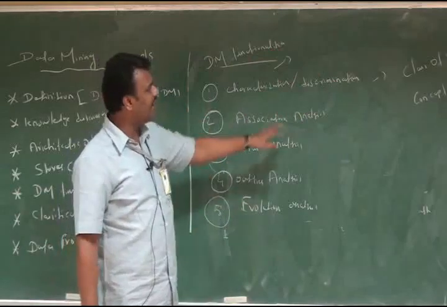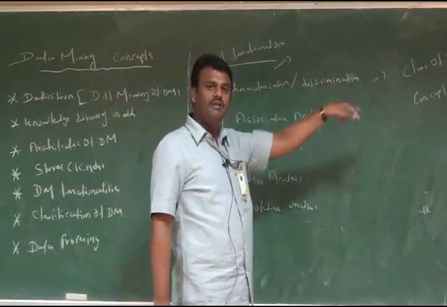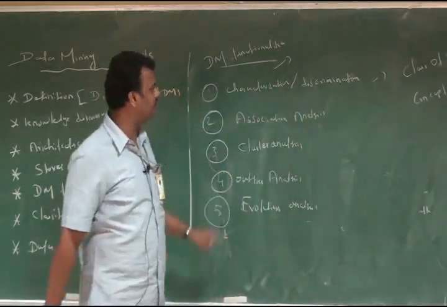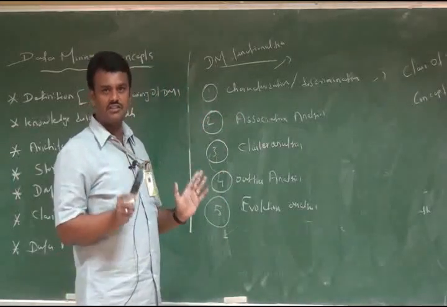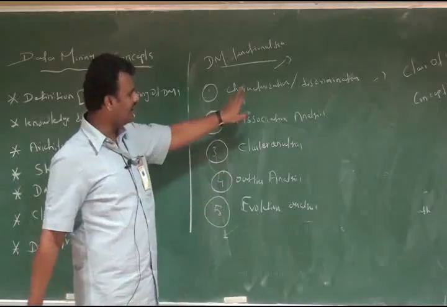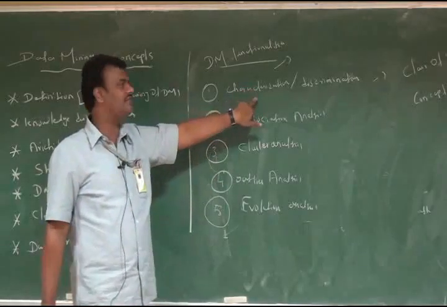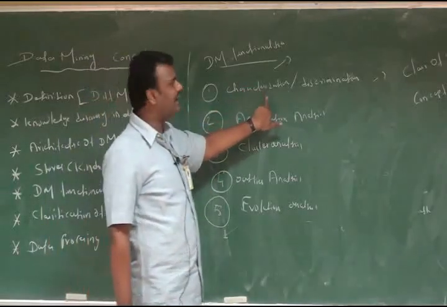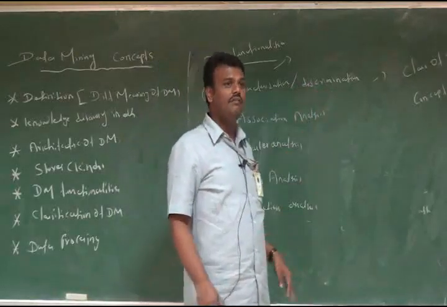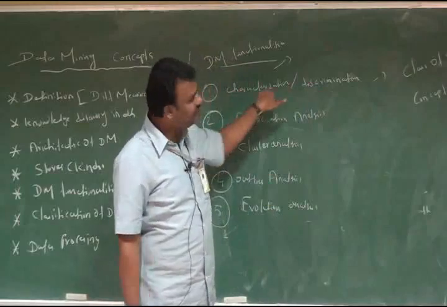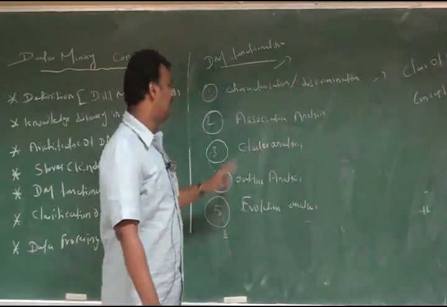So characterization is a summary of the target class of the data. Discrimination compares the target class with one or more comparative classes.